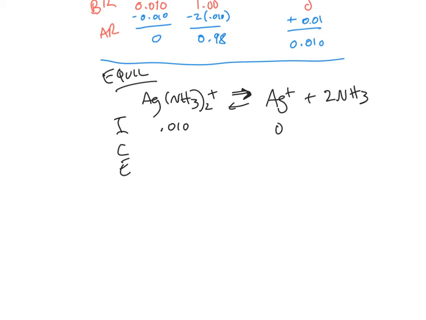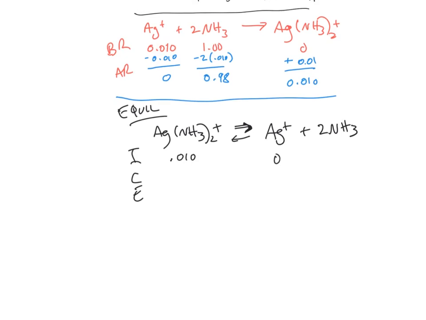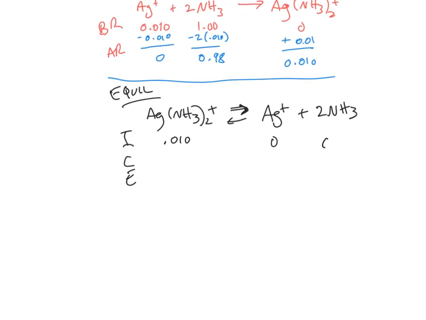The silver concentration is 0, and the ammonia here, you can think of that as like a, not a complex, not a common ion, but it's a common molecule in this case. 0.98 affects the equilibrium. So we'll look at losing x here, gaining x, and gaining 2x. So it's going to be 0.010 minus x, and 0.98 plus 2x.